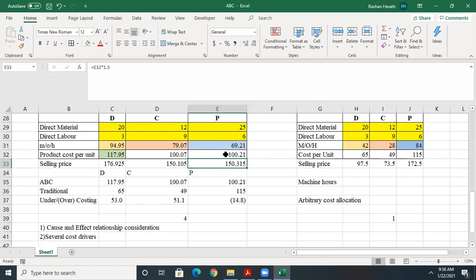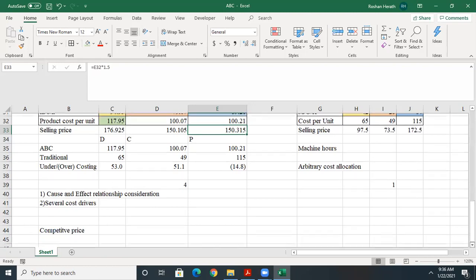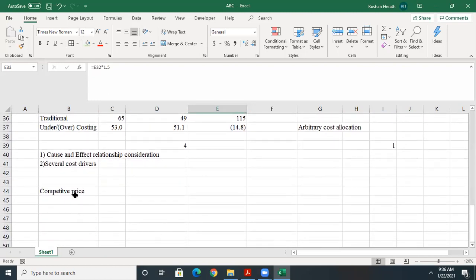So likewise, this traditional costing would result in undercosting and overcosting. As a result of that, it results in overpricing or underpricing. So you won't be able to offer a competitive price.